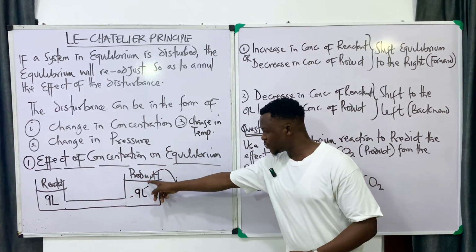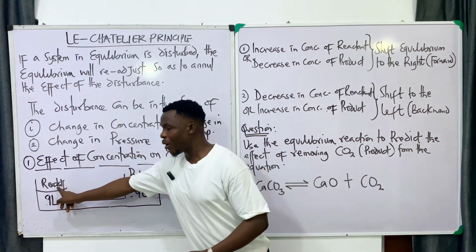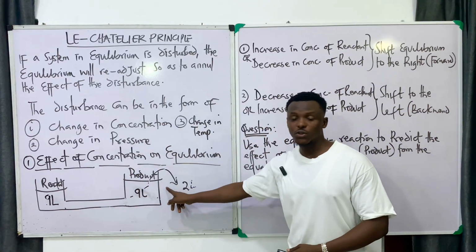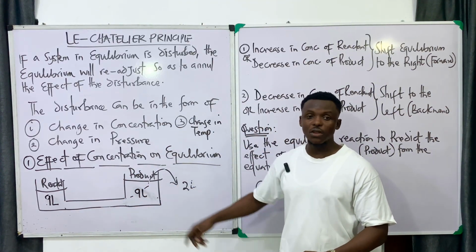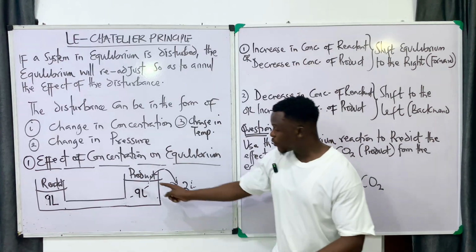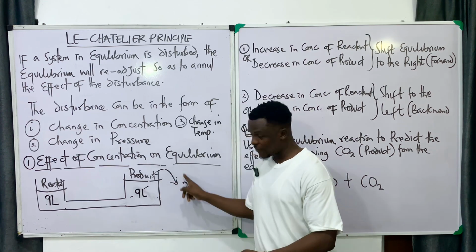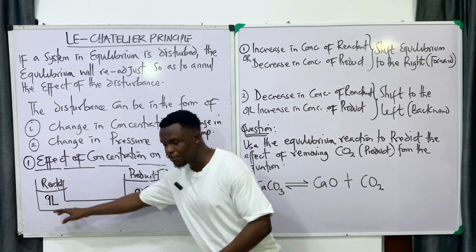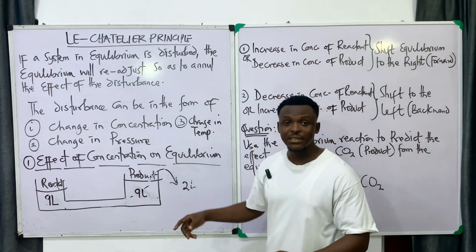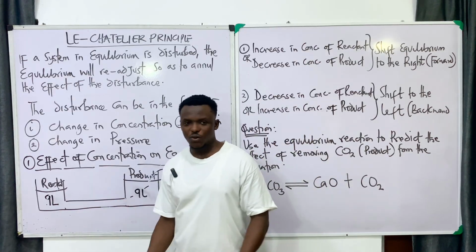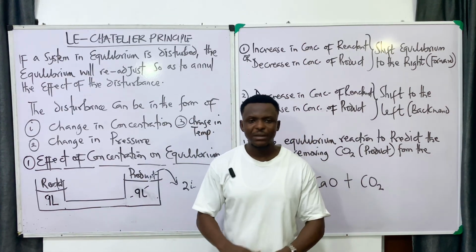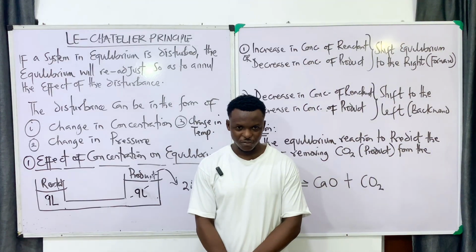So once you remove CO2 from here, this guy will have to produce another CO2 until he's no longer able to produce CO2. So if you keep removing water from here, the left-hand side will keep replenishing the water until it has no water again to replenish. In that case, you have terminated the equilibrium reaction.